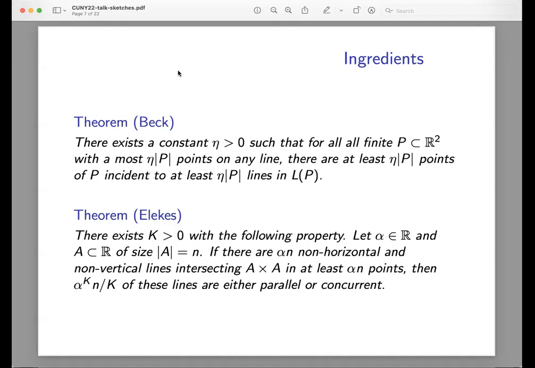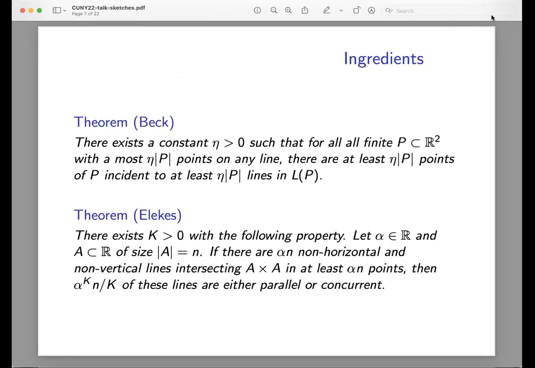Excuse me, I'm still puzzled by this theorem of Beck's. Let's say this parameter is a half, just for the purpose of it, then no more than half the points are in any line.